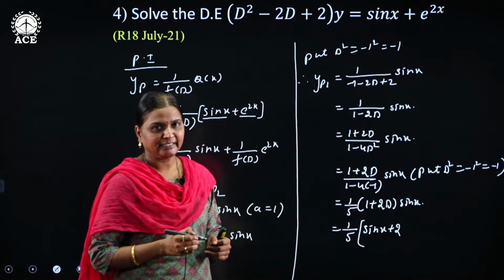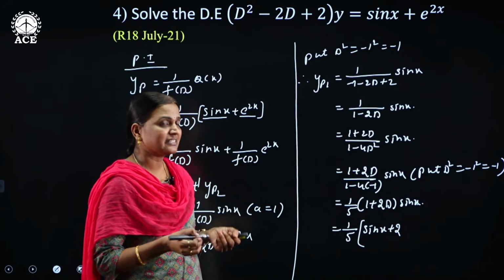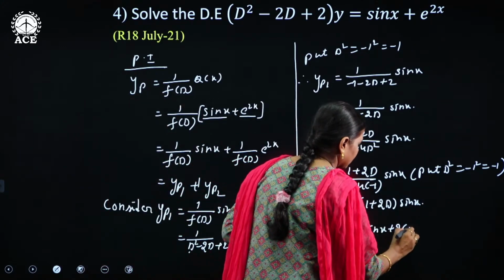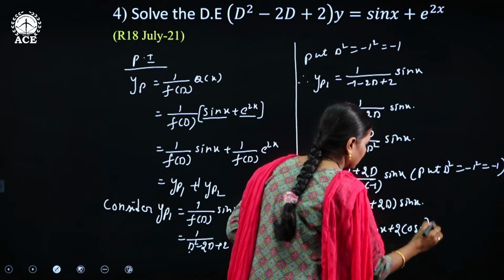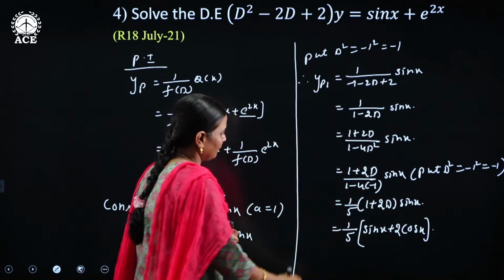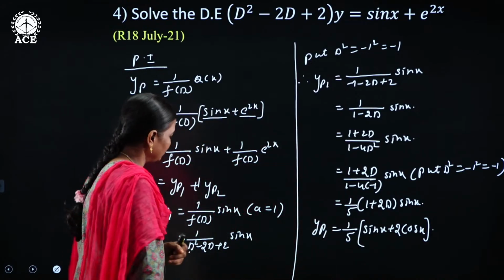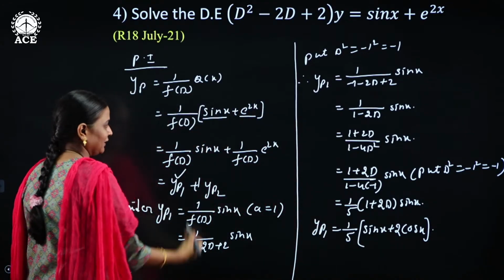That means differentiation of sin x. What is the differentiation of sin x? Cos x. This is yp1. First part of the particular integral completed.